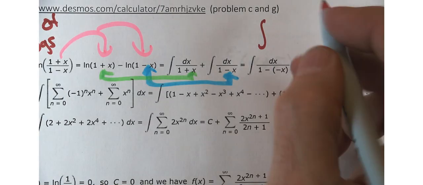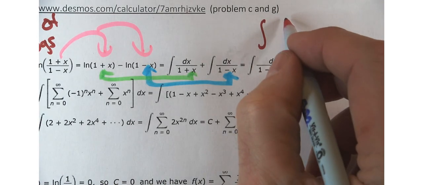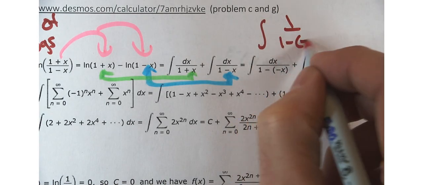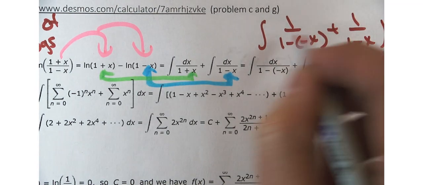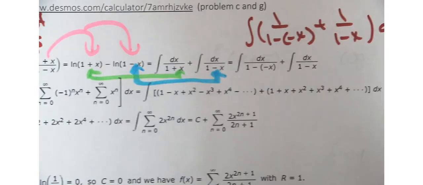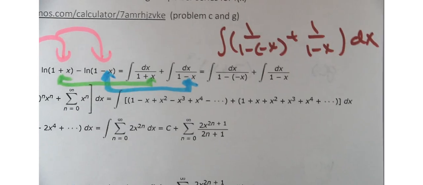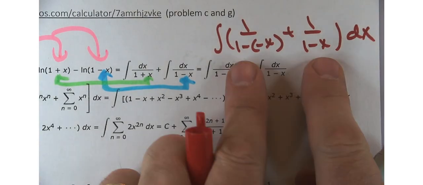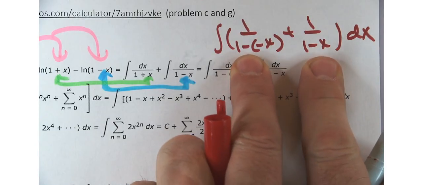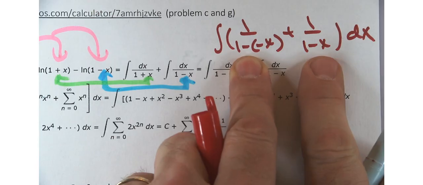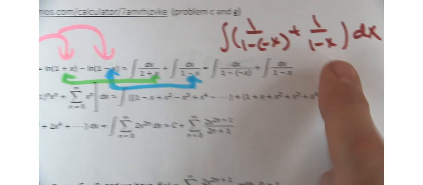That's going to be 1 over 1 minus negative x plus 1 over 1 minus x, all of that dx. Now that we've whipped this into shape, we can replace these things with series. We have a series for each of these. So it looks like this here.